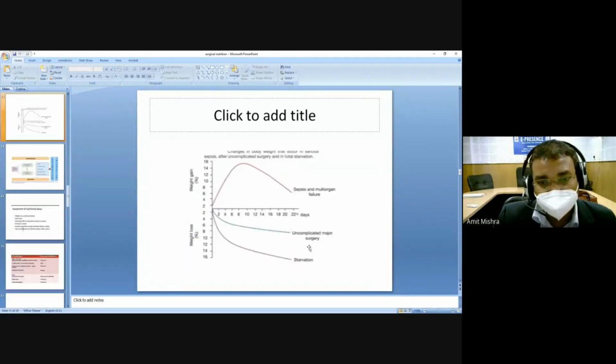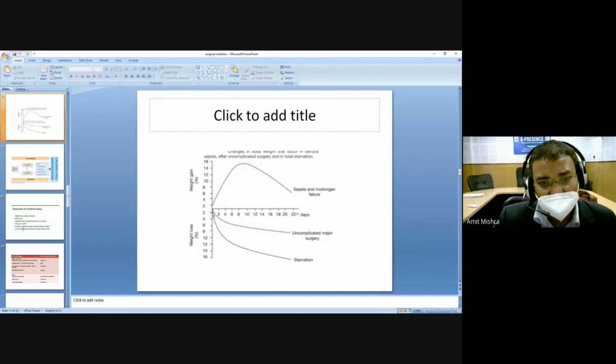Here you see the changes in body weight that occur in serious sepsis, after uncomplicated surgery, and in total starvation. Total starvation can happen with any sort of uncomplicated surgery.